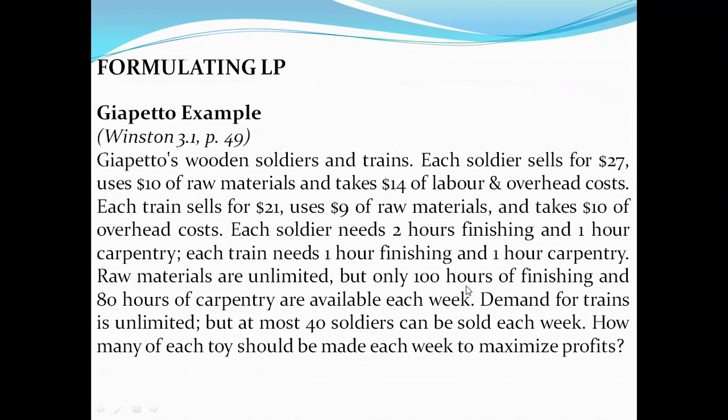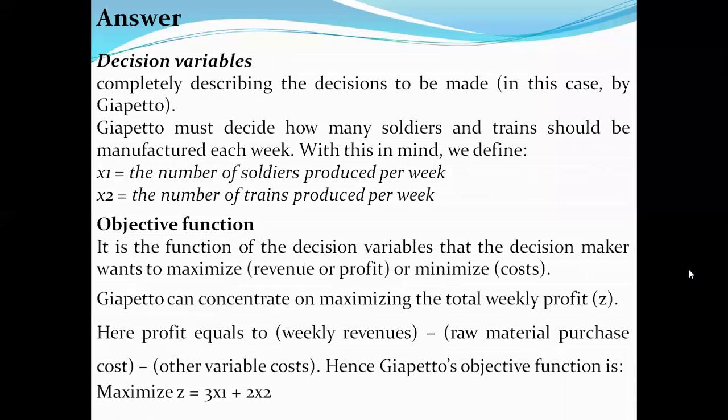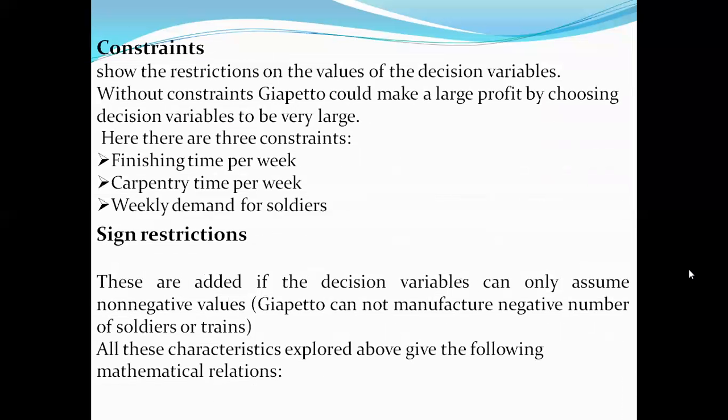But only the manufacturing time is limited. Demand for trains is unlimited. Raw materials are unlimited and demand for trains is also unlimited. But for soldiers, it is limited only up to 40. We have to take a clear view of the weekly demand for soldiers. For soldiers, we have only 40 demand. And for trains, there is no particular drop, we have almost continuous demand for train production.